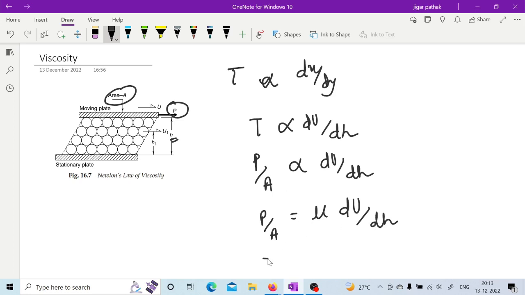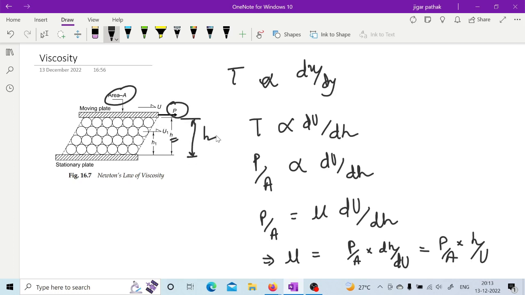So you can define viscosity as mu is equal to P by A into dh by du, right. If you write for a particular point, then you can consider it as P by A into h by u. If you are considering any point at distance h, this may be the full distance h, then the velocity may be the actual velocity of the plate with which it is moving.